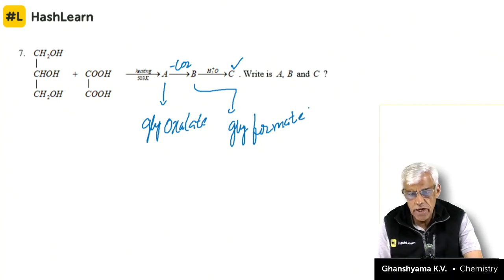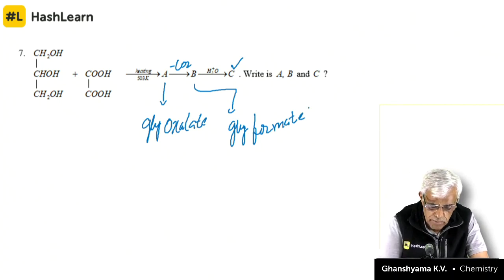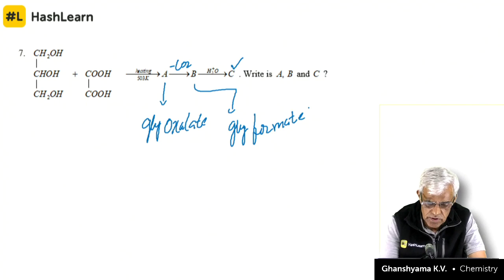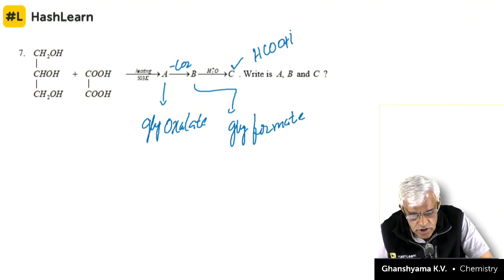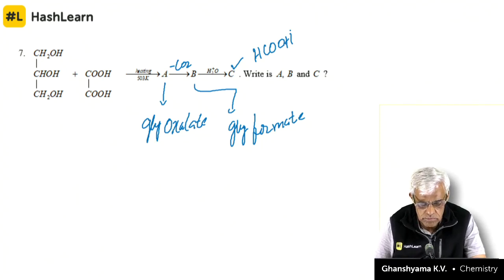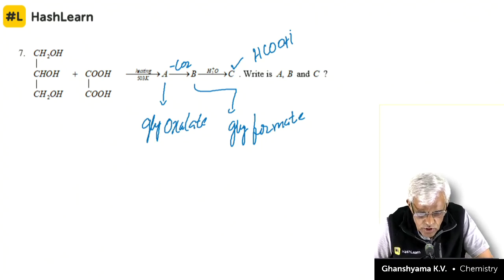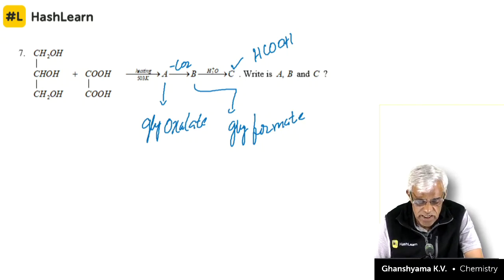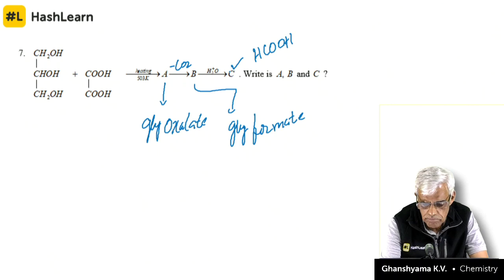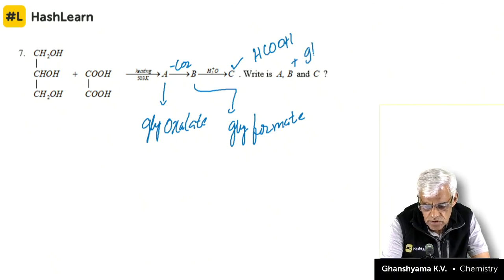Glyceryl formate undergoes hydrolysis, giving formic acid. Excellent, Radhika, very good. But you don't get water. Along with C, formic acid, you get glycerol back.